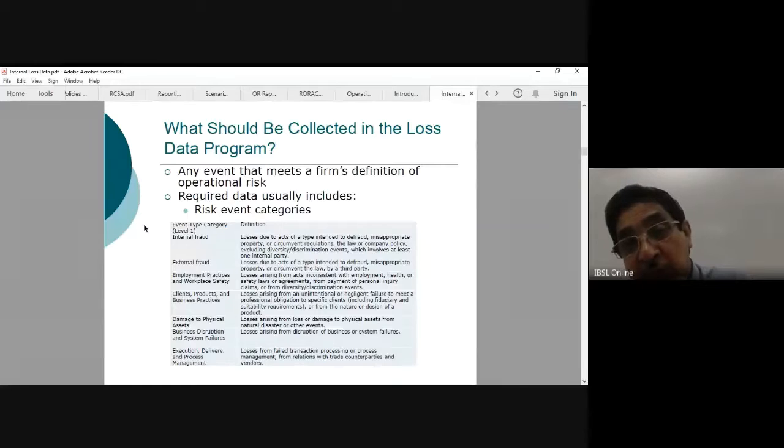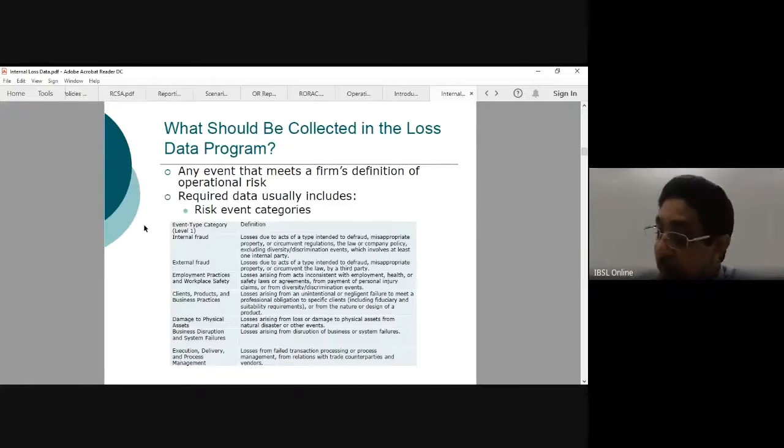Internationally, you can see in certain organizations, they sue the organization over discrimination. It can be racial discrimination or gender discrimination, or likewise you have several types of allegations. If compensation has to be paid through such allegations, that will come under the employment practices and workplace safety operational loss.